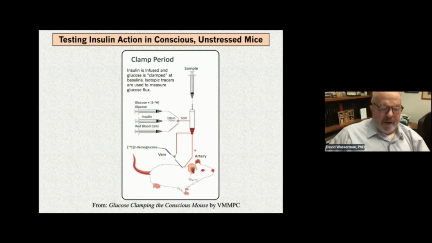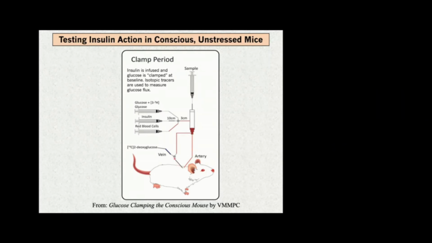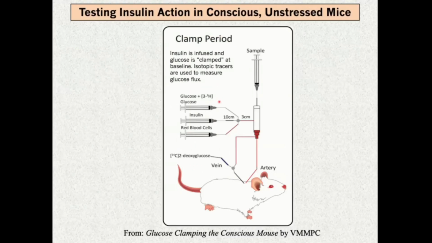1 week later, they've regained weight, normal behavioral activity, eating, drinking. We attach these free ends to extensions for arterial sampling and for venous infusions. Now, for an insulin clamp, we infuse insulin, of course.